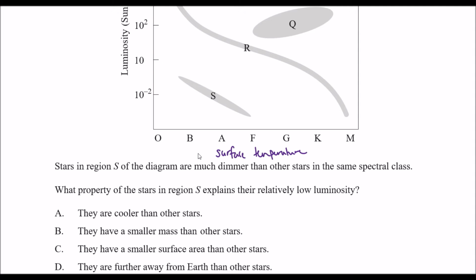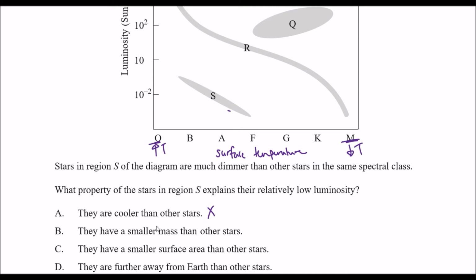We already know that O has the highest surface temperature and M class has the lowest temperature. From what we can see here, all the stars in region S are relatively high in terms of surface temperature. So that can't be the exact reason why their luminosity is much dimmer, as you can compare with I and Q. Okay, so that's probably out of the question there.